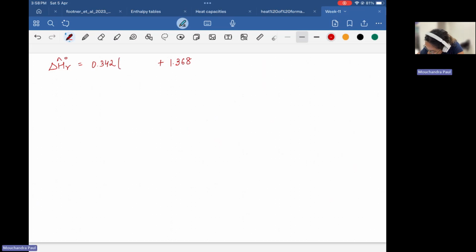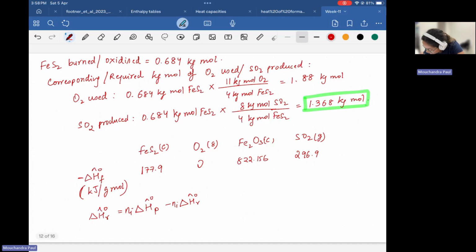And what is their heat of formation? For Fe2O3, it is minus 822.156. Remember, there's a minus sign here.